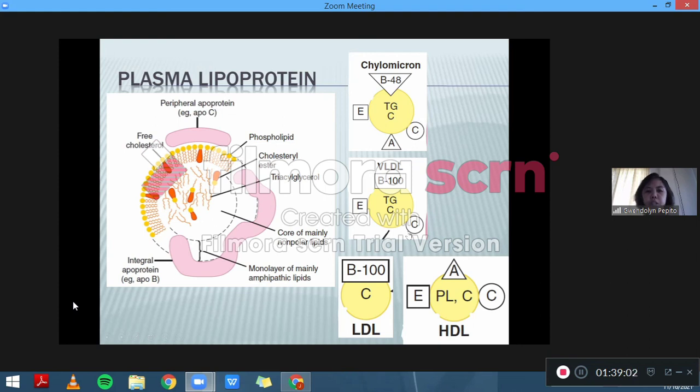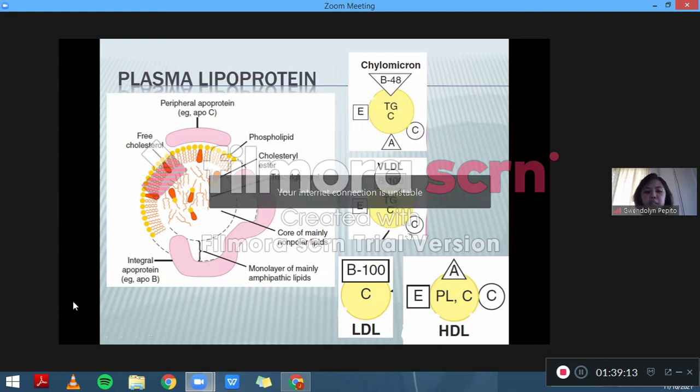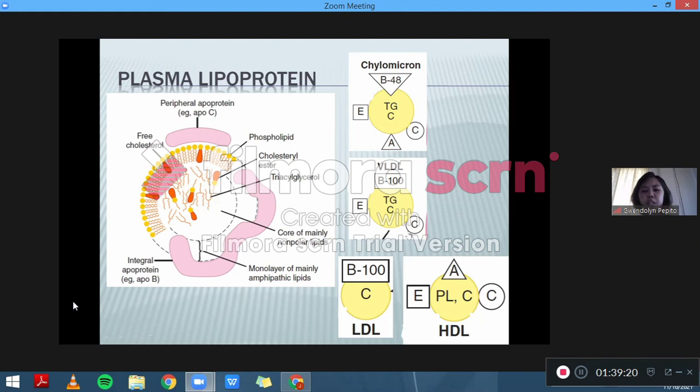And then on the outside, your protein. The protein components of your lipoproteins, the apoproteins, can be B100, E, C, and B48. An example is B100, apoB. Okay.